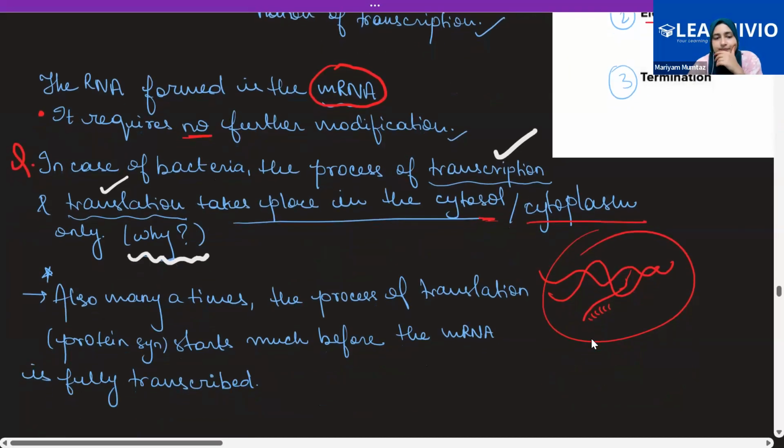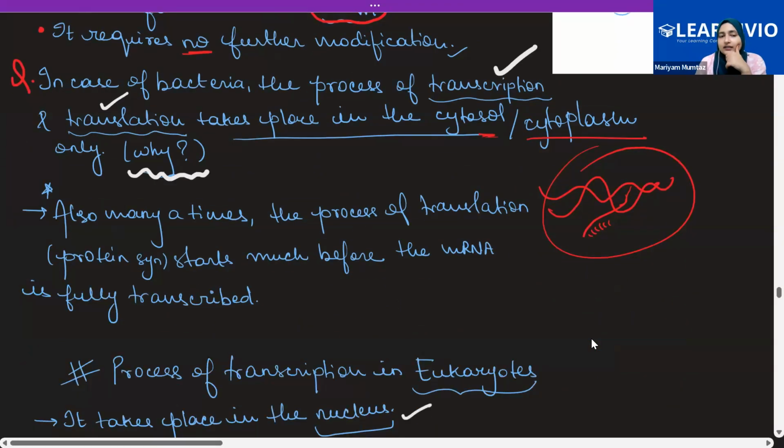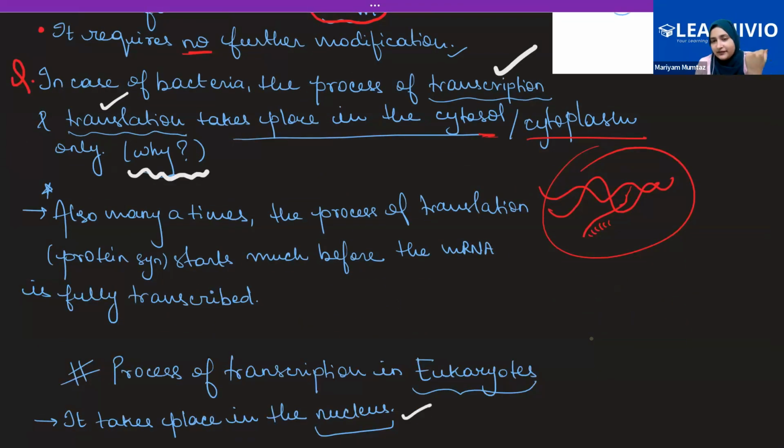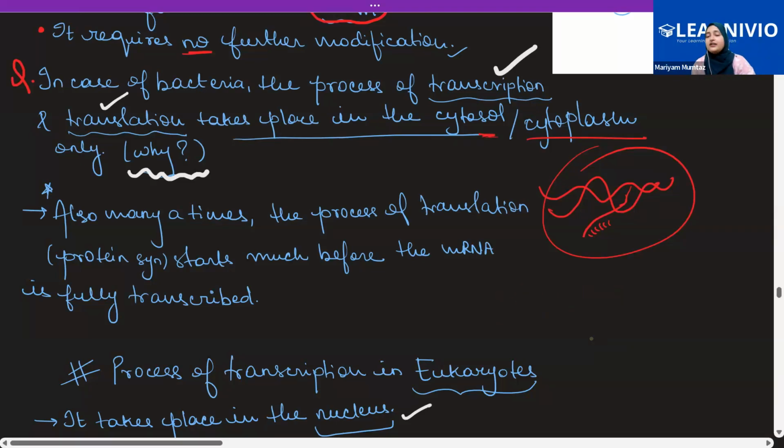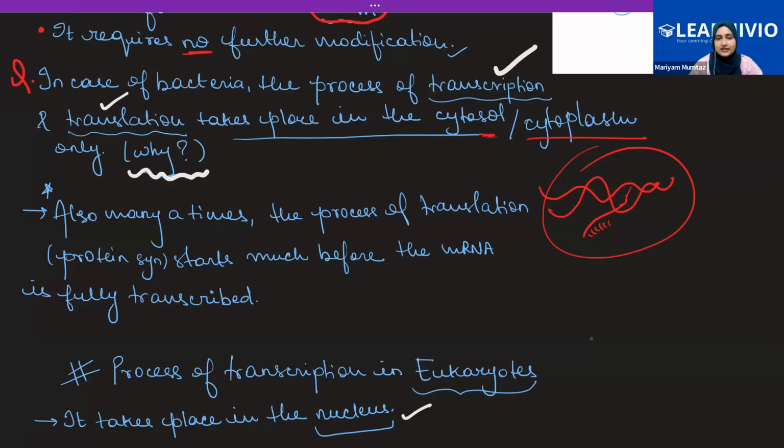And remember that many times, if this is the DNA molecule and the RNA is just coming out, then the process of translation will begin in the prokaryote. It will not even wait for the mRNA to be fully transcribed. It will just begin then and there.